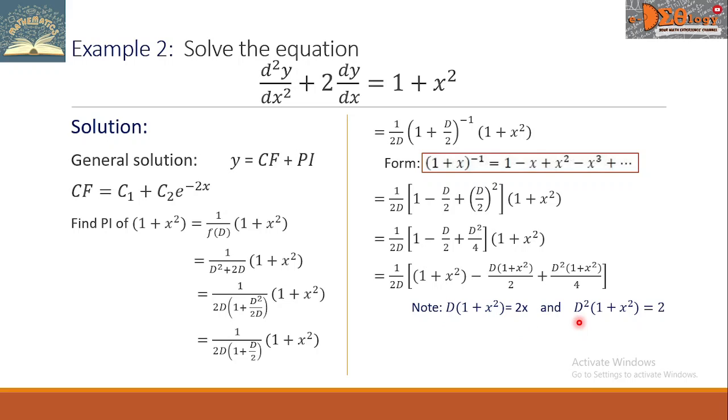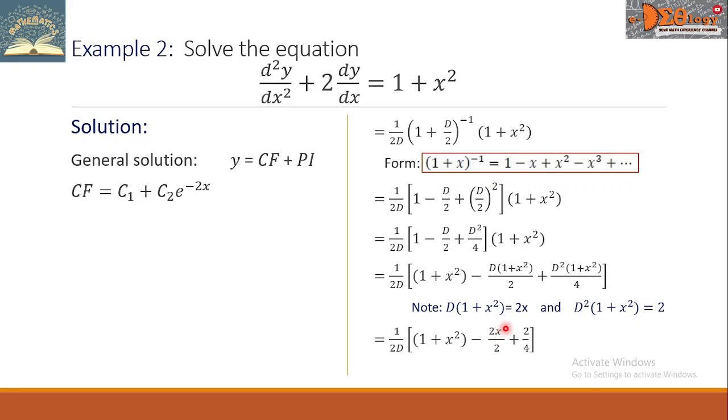The second derivative of 1 plus x squared equals 2. Let us substitute the corresponding values, and it becomes like this. We simplify further. This 2x over 2 becomes minus x, plus the 2 over 4 becomes 1/2.